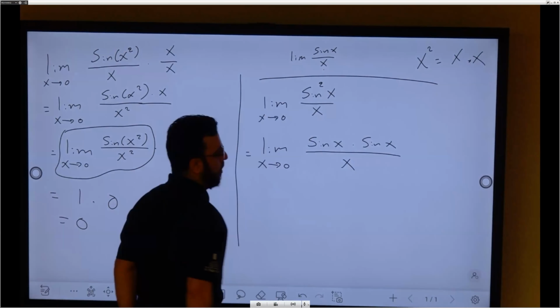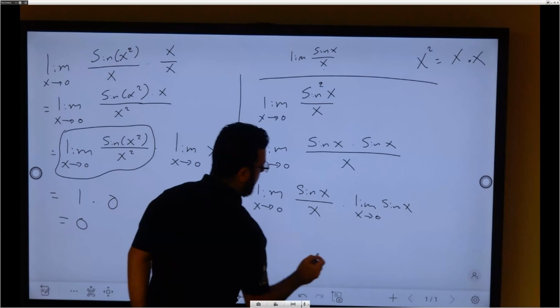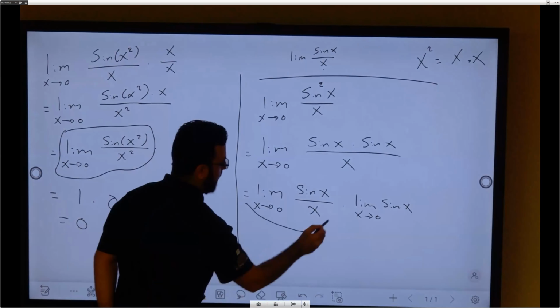Then it's the limit as x approaches 0 of sine x over x, times the limit of sine x as x approaches 0. How much is the result here? This is 1 times sine x. Plug in 0. What's anything times 0? There is no rule. It's 0.